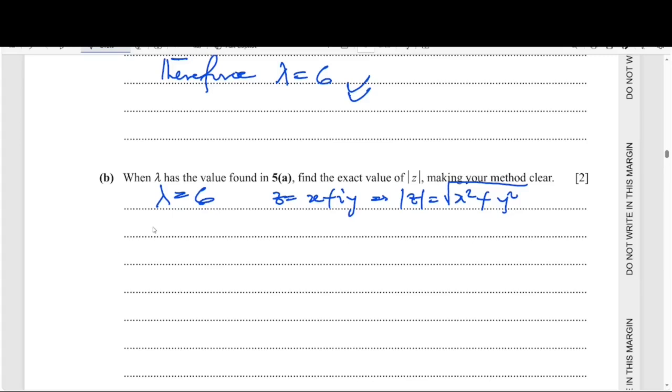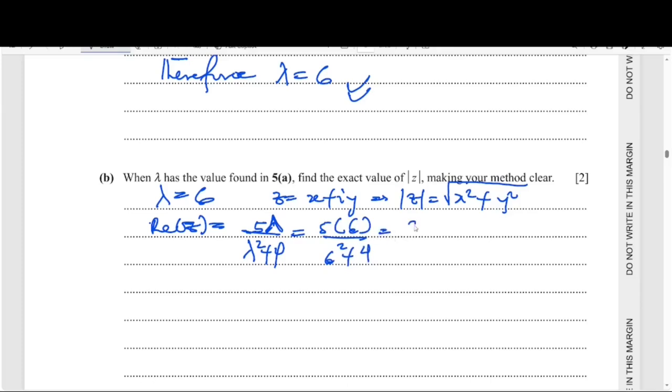So our z is equal to the real part of z, first of all, which we already said is 5 lambda over lambda squared plus 4. So that's going to be 5 times 6 over 6 squared plus 4.